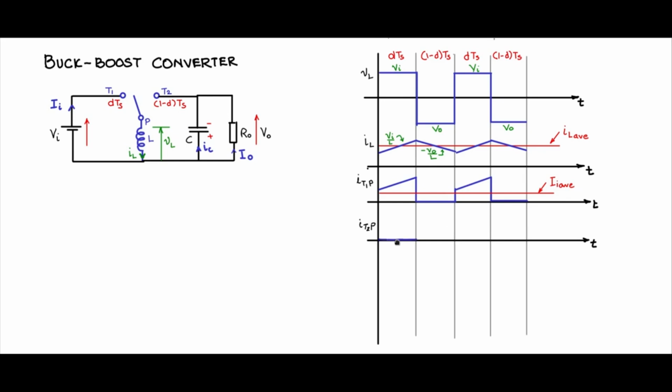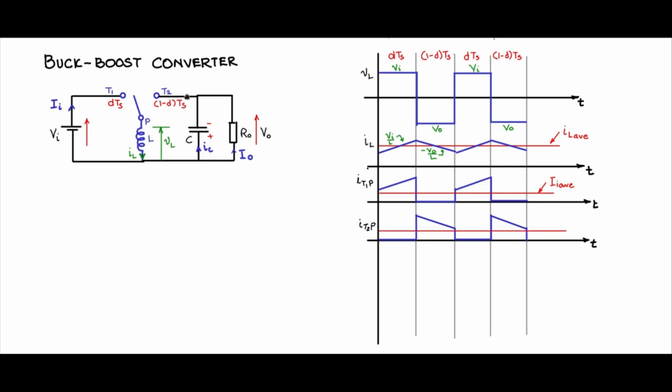So during D Ts period, T2P will show 0 current. Then it will show the inductor portion of the current passing through T2P during 1 minus D Ts period, again D Ts period 0, and so on. So this will have an average.